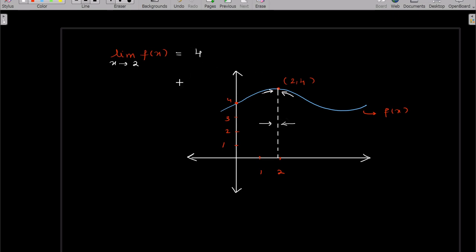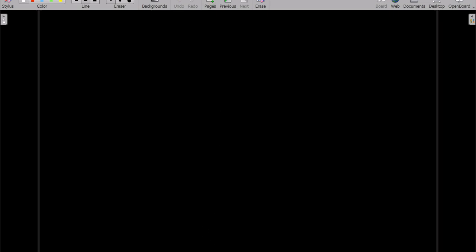When x approaches 2, the function is approaching 4. That was the easiest example just to show you what's the meaning of limit. There will be two types of limits, Anika, as I have been mentioning: left hand limit and right hand limit. It's abbreviated as LHL and RHL.